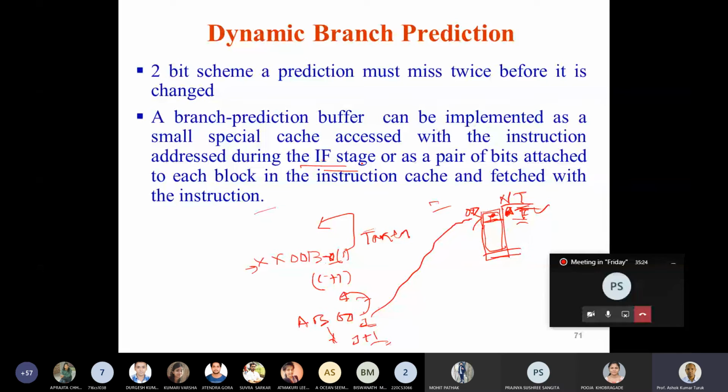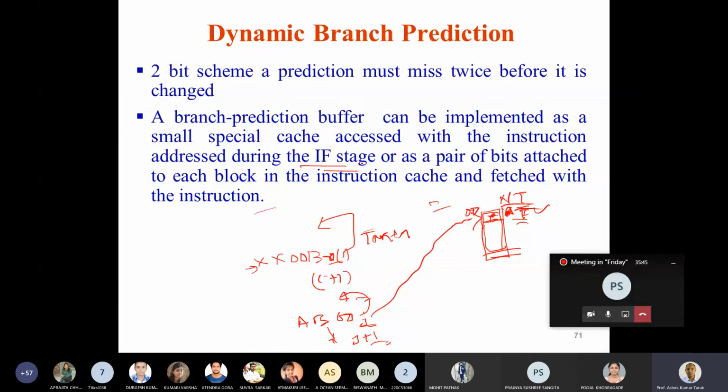So if the instruction is decoded in the instruction decode stage as a branch, you have already fetched in the instruction fetch stage whether the branch will be predicted taken or not taken. That information is already available.